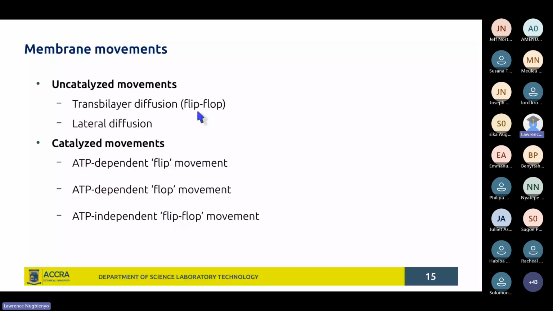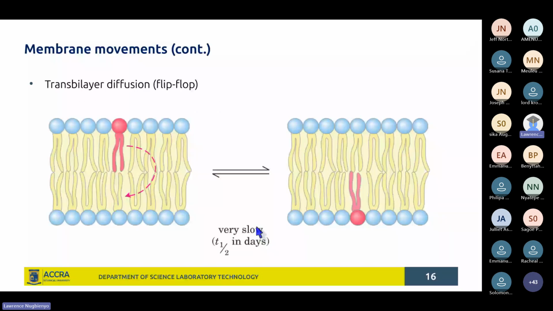Now let's take a look at these things pictorially. Here is just a list, and then we take them one by one and begin to look at them so that you will have a better understanding of what we are referring to as these kinds of movements. The first one is the transbilayer diffusion.